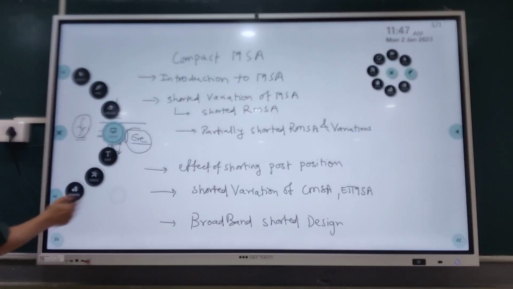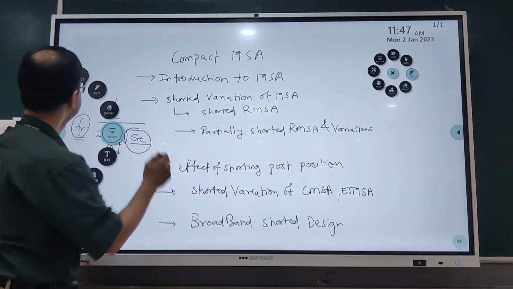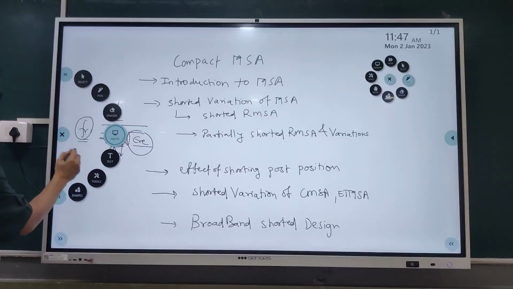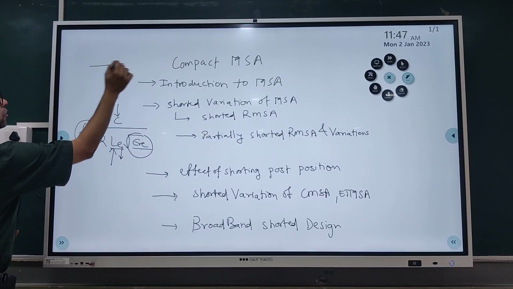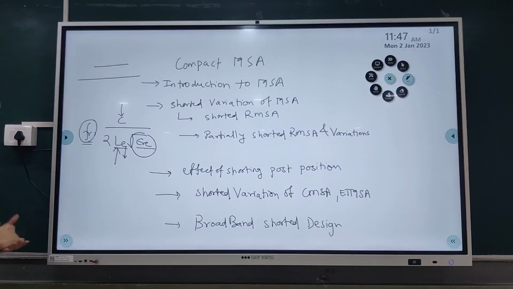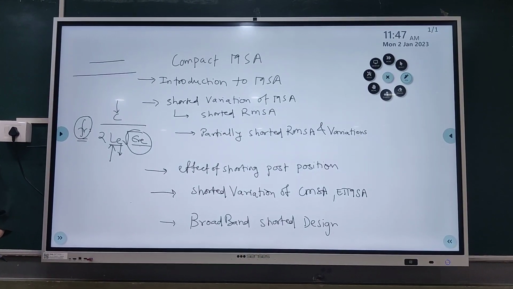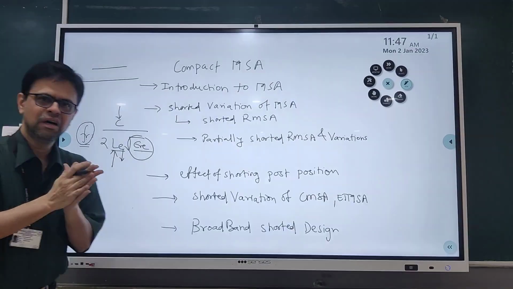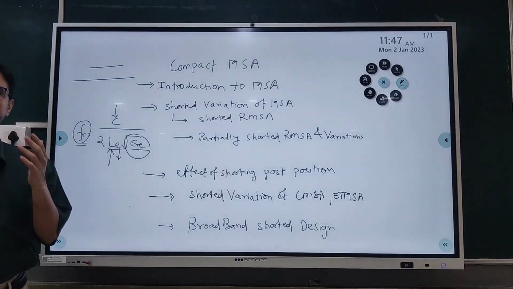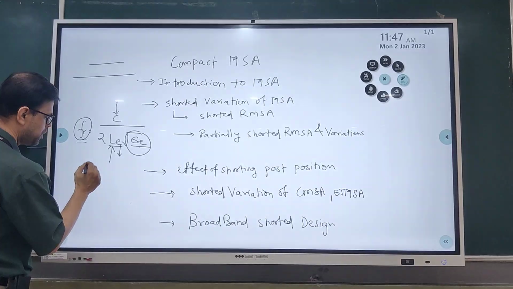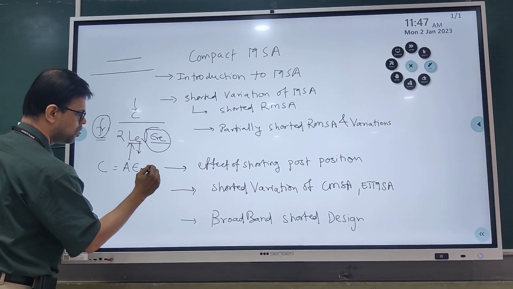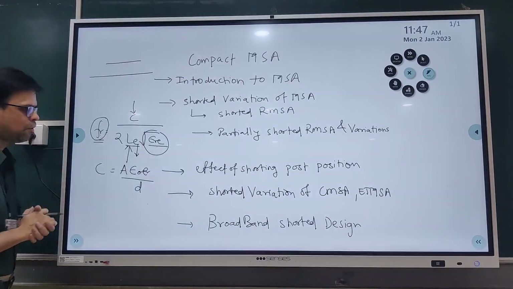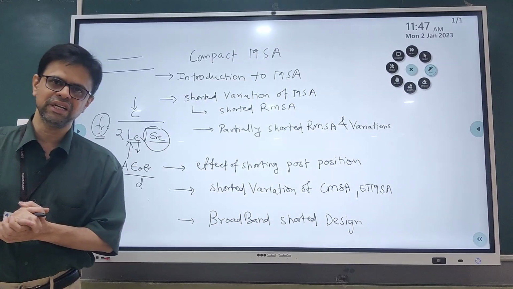Now look at this. If I look at the side view of the microstrip antenna, I can have the equivalence of a capacitor. What is the capacitance equation? It is C = A ε0 εr / d. What does the capacitance equation tell me?